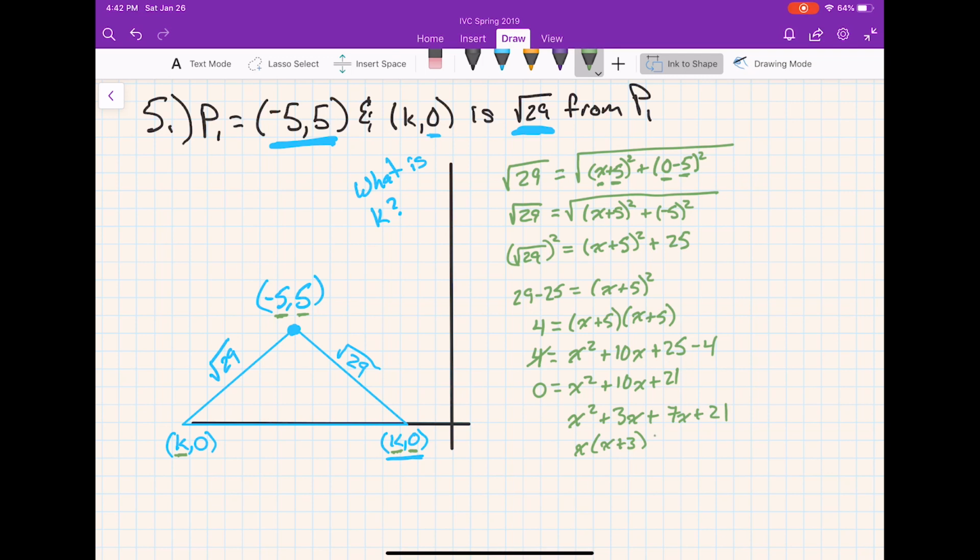And then that's going to be plus 7 times the quantity x plus 3, of course. We've done our factoring correctly. So now we're going to have 0 equals x plus 7 times the quantity x plus 3.